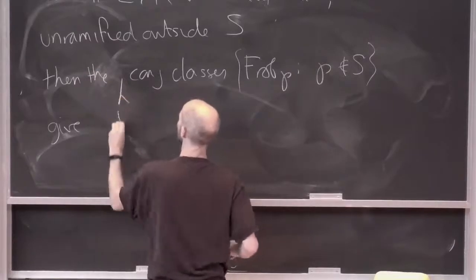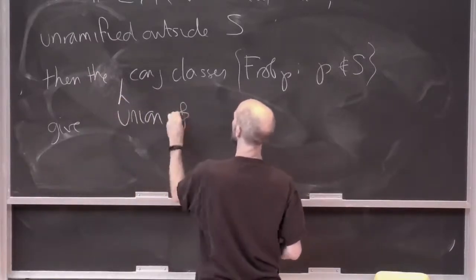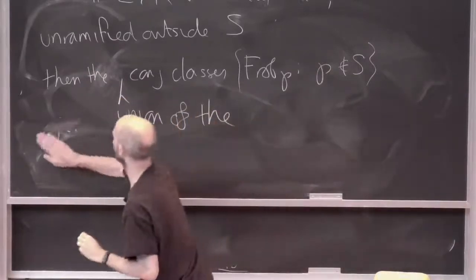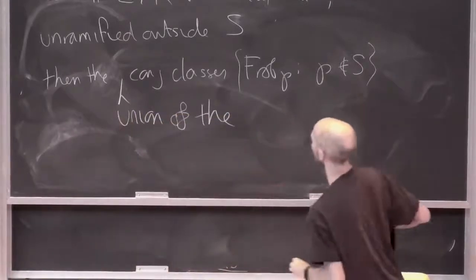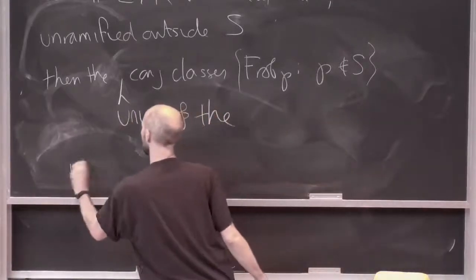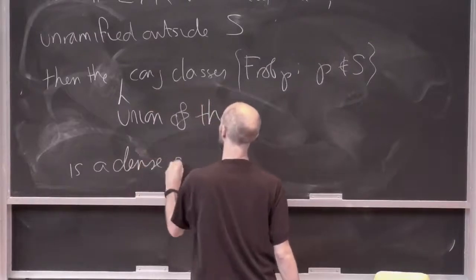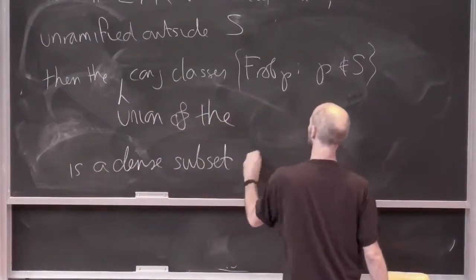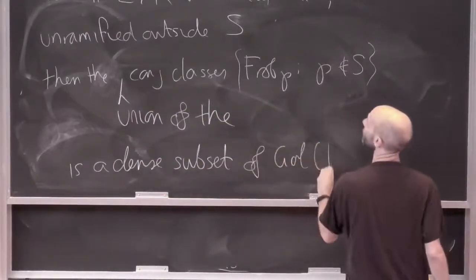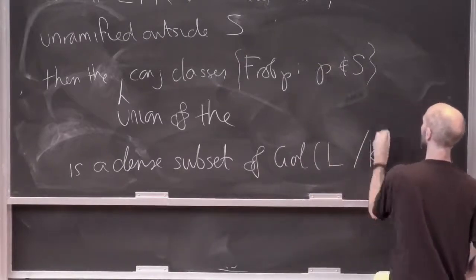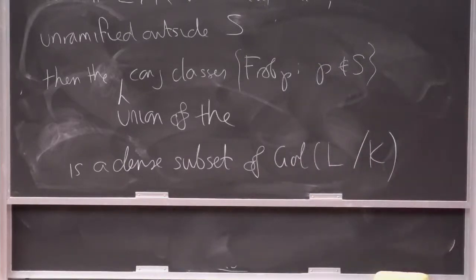Maybe I'll take the union of the conjugacy classes. The union of the conjugacy classes, living in Galois, right, is a dense subset of Gal(L over K). Okay, so that's what we lose when we go to the infinite extensions.